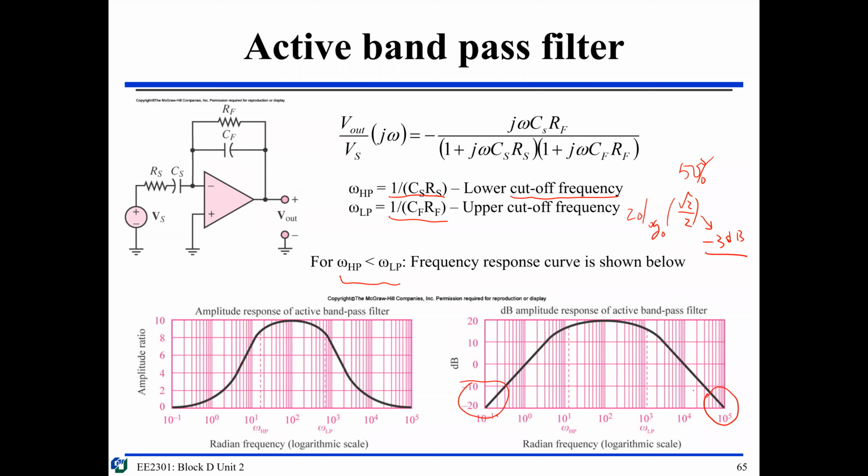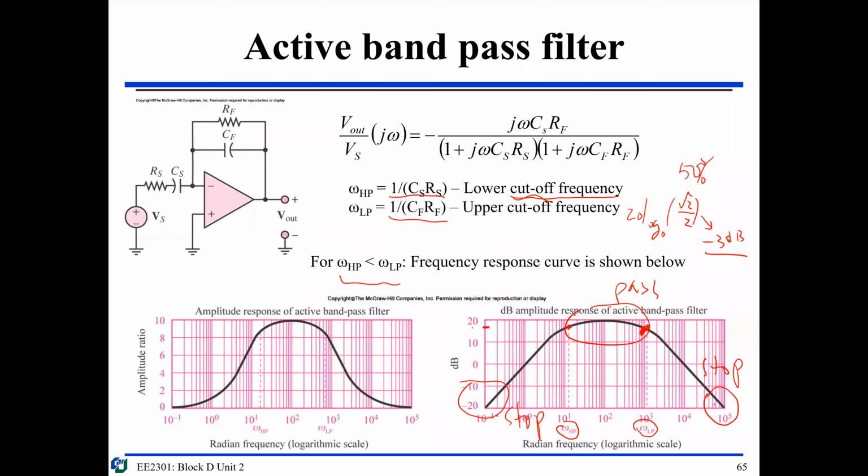So attenuation or stop here, pass here, stop again. In this case, you have a point in here. This is omega HP, and omega LP is here. These are called cutoff frequencies. But how do I know where I put this dot? Here you have -3 dB.